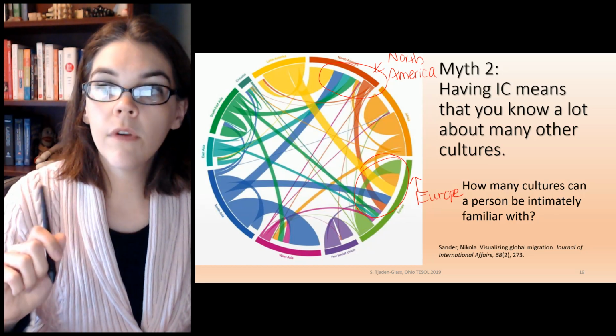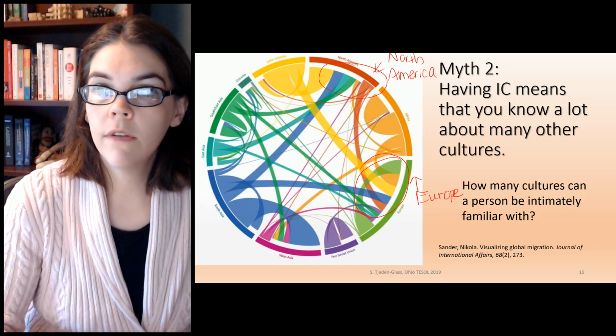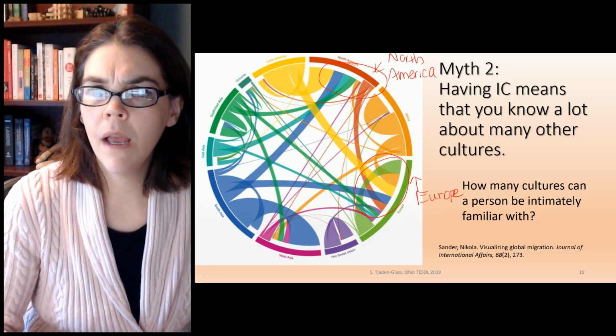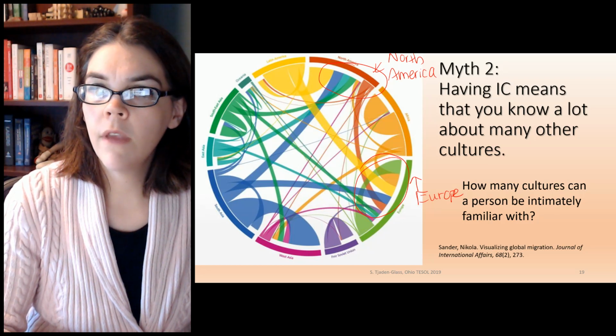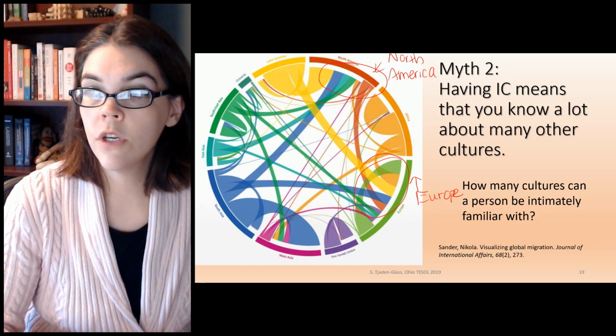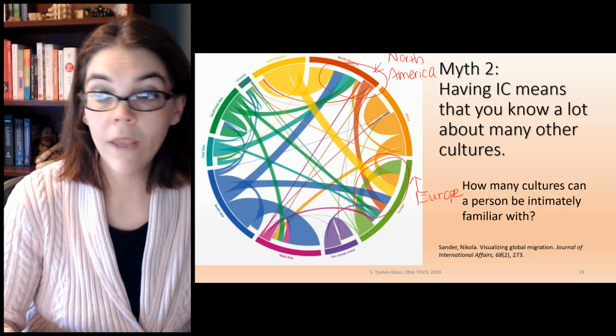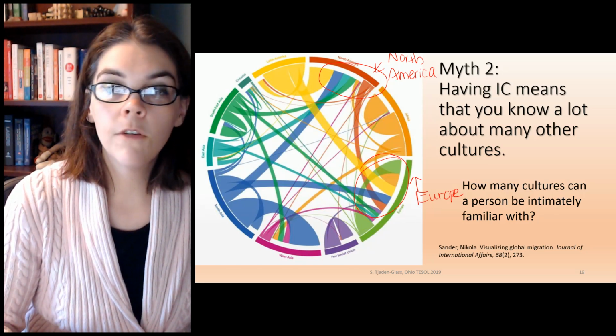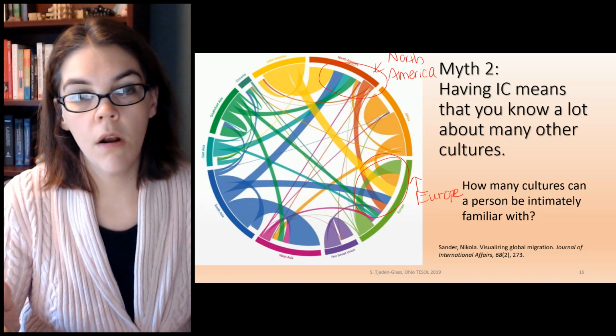But I think the greater takeaway from this graph is that people are moving everywhere. People are moving from Southeast Asia to North America. They're moving from South Asia to Europe, South Asia to West Asia. Okay, so people all over the world are moving.